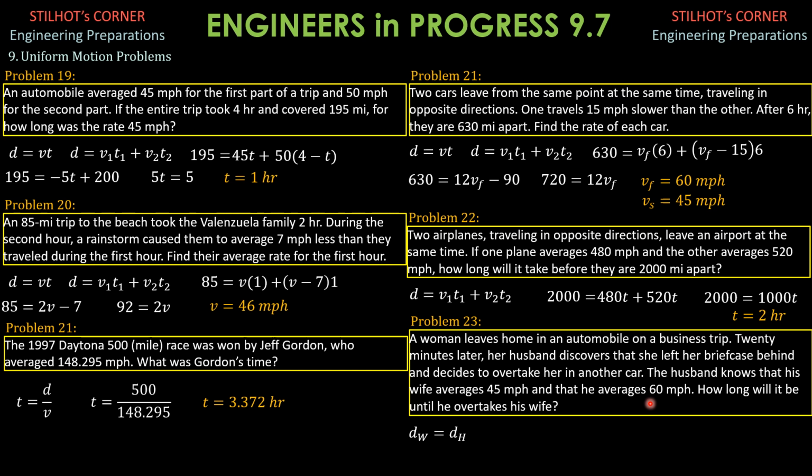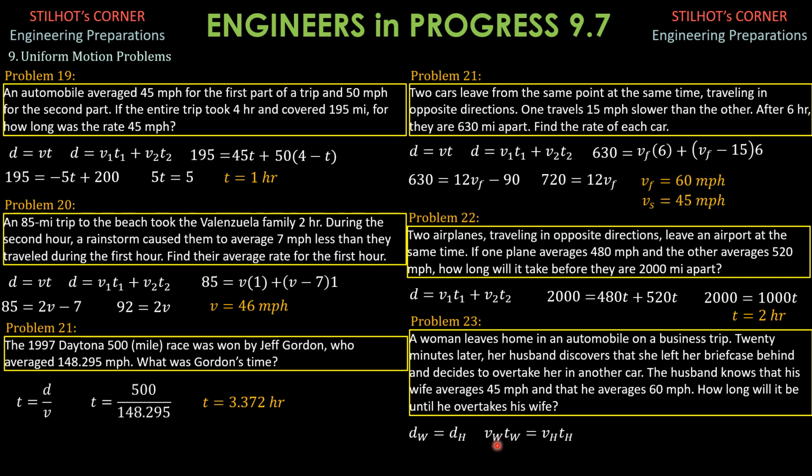That's the idea. Then distance of the wife is speed of the wife times travel time of the wife, and for the husband, speed of the husband times travel time of the husband. We'll call the travel time of the husband T, and that's the question here: how long will it be until he overtakes his wife, as soon as he drives his car.